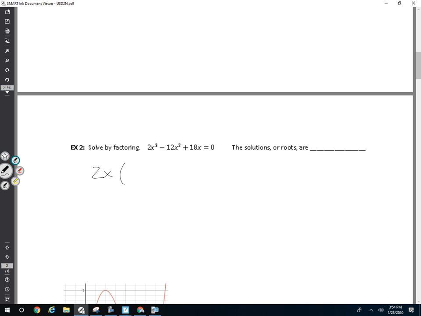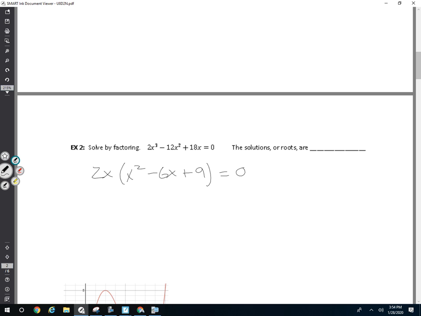We get an x squared, we get a negative 6x, and we get a positive 9, equals 0, right?